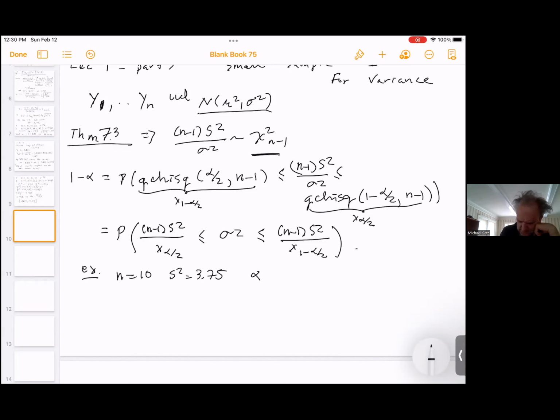Say we want alpha equal 0.05, then this little x 1 minus alpha over 2 is about 2.7, and x alpha over 2 would be equal to about 19.